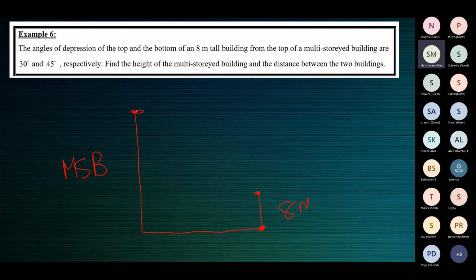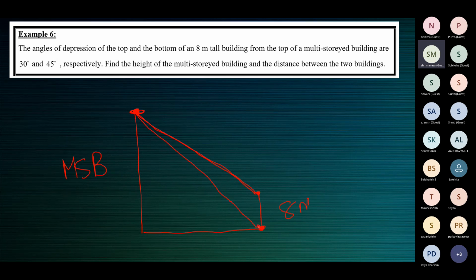Now I'm here. You're standing here. From the top of the multi-storied building, you're looking at the top of the 8-meter tall building. So that's a line of sight from your eye to the top of the 8-meter tall building. And from the same point, you're looking down at the foot of the 8-meter tall building.